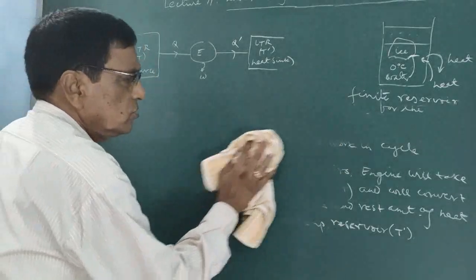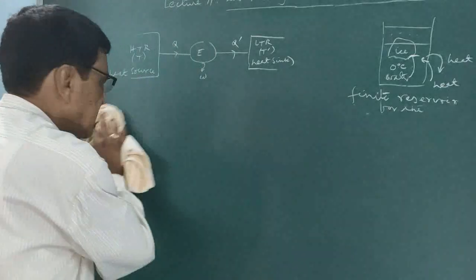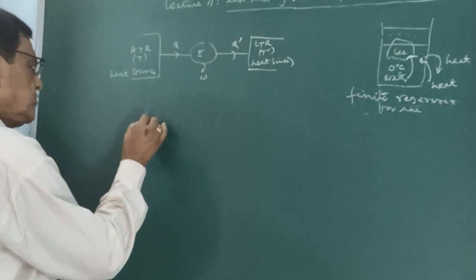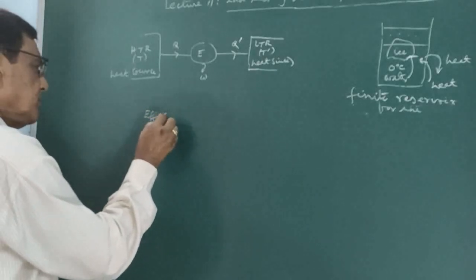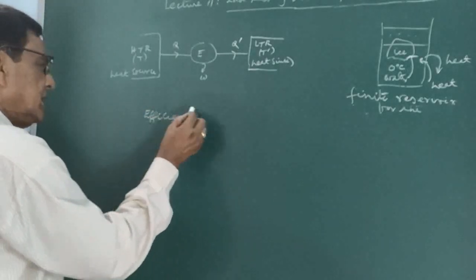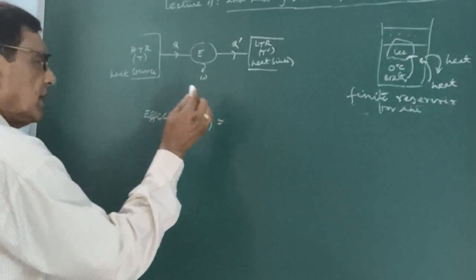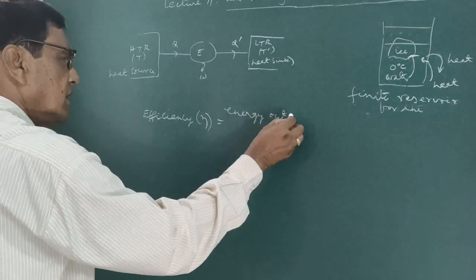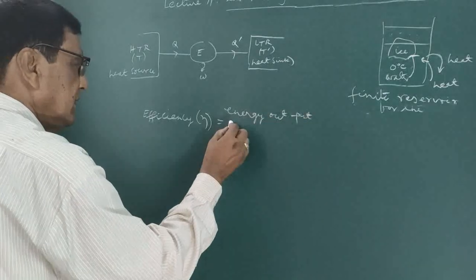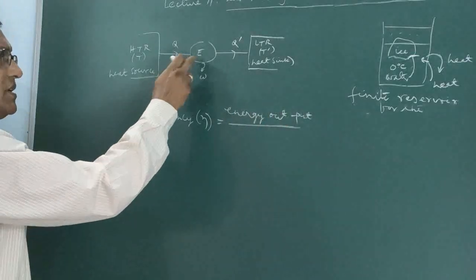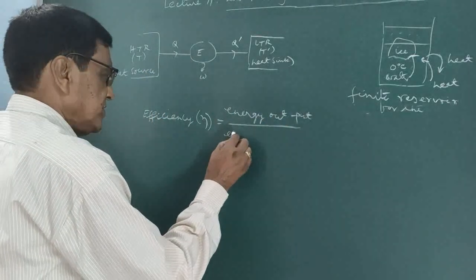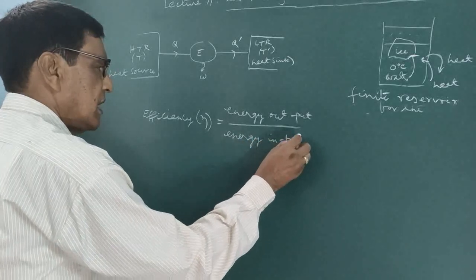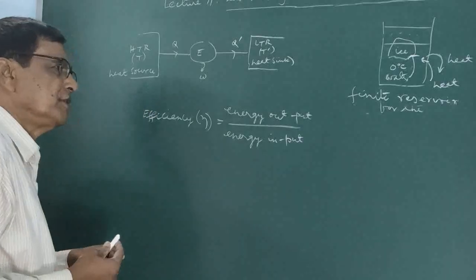If we like to consider the efficiency of this engine, then efficiency of this engine denoted by eta equal to the energy output, the energy which we are receiving from this engine, and energy input, the energy given to this engine.